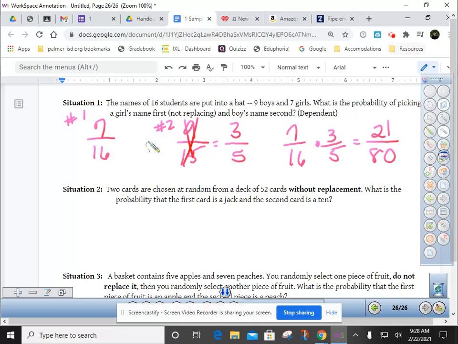If they would have put the name in the hat, this number would not be 15. What would it be? 16.